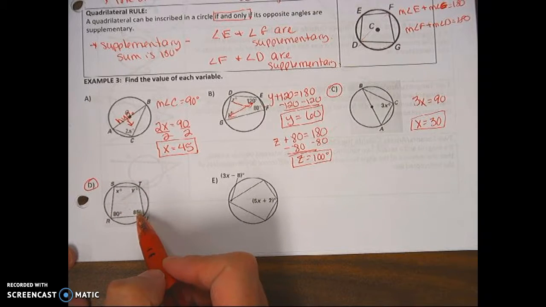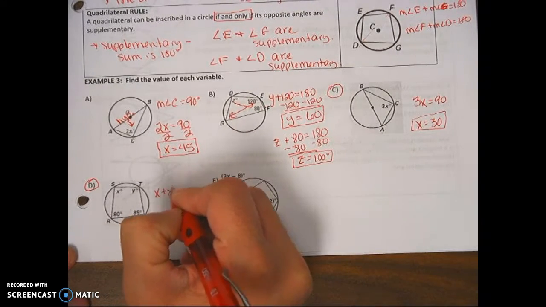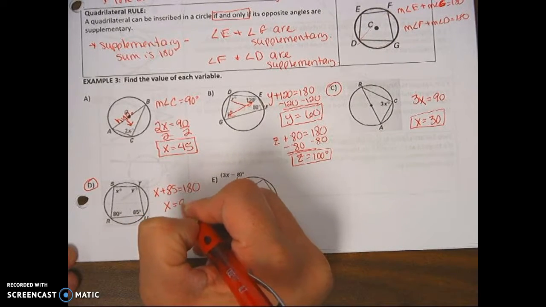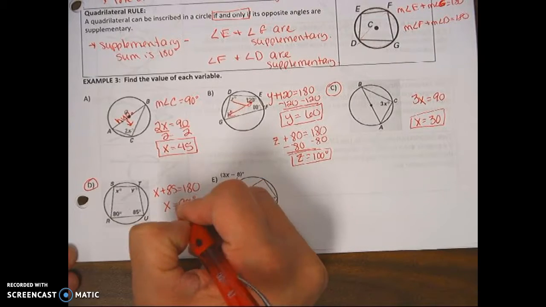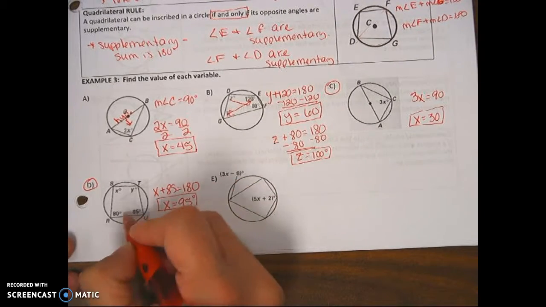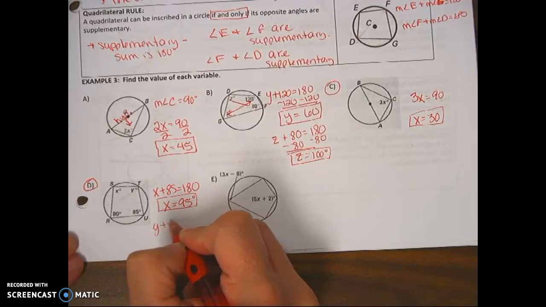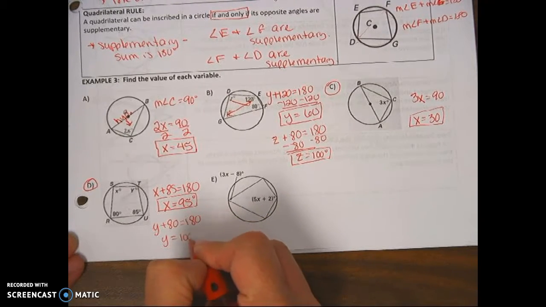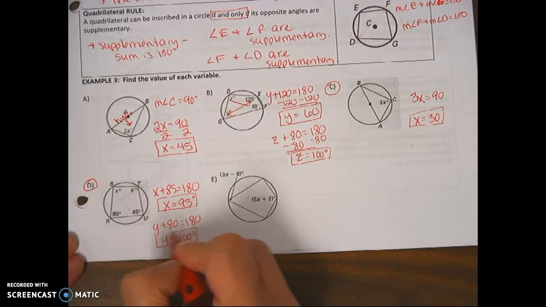So x plus 85 equals 180. When you subtract, you get that x is 95 degrees. And then for y plus 80 equals 180, when you subtract that, you get y is 100 degrees. Those are your answers there.